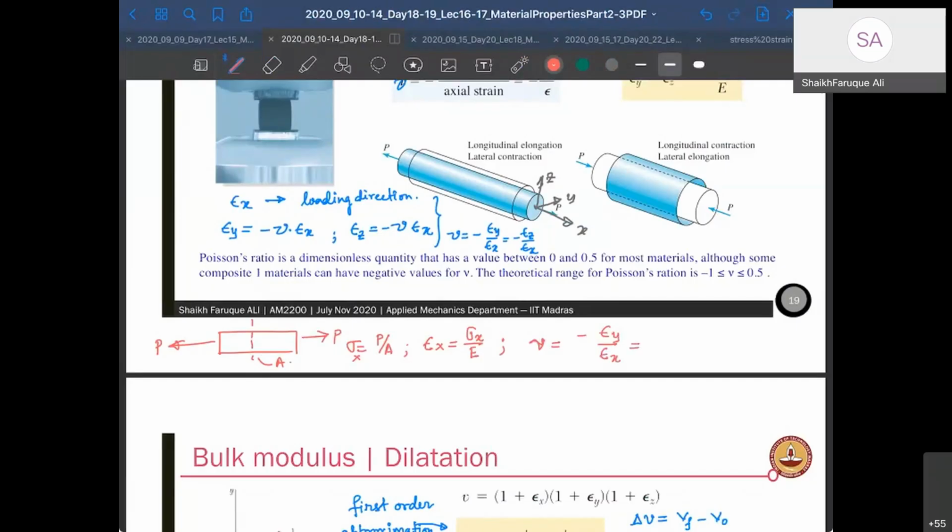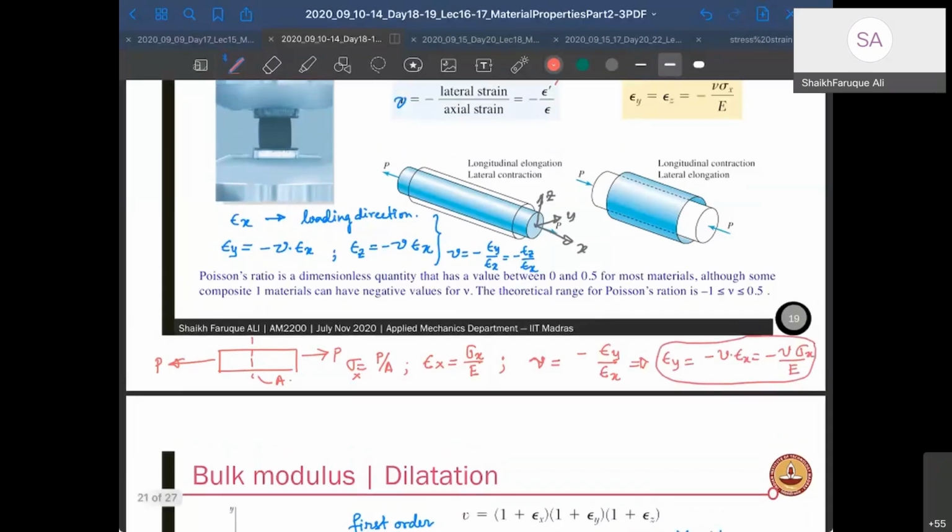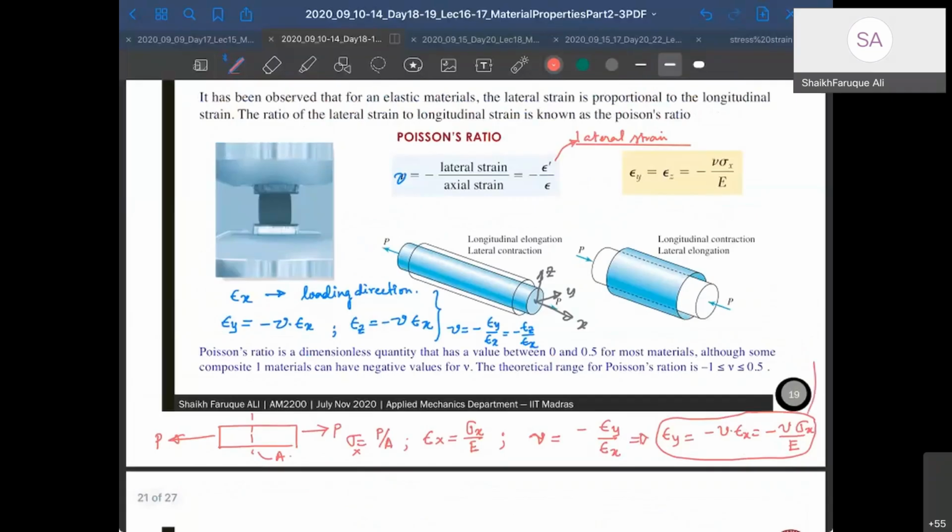So epsilon y is equal to minus nu epsilon x, which can be written as minus nu sigma x by E. Okay, this is what the formula is. Same thing you will get for epsilon z also.